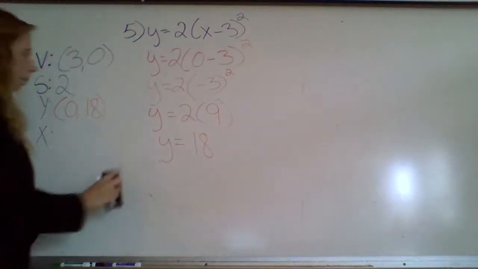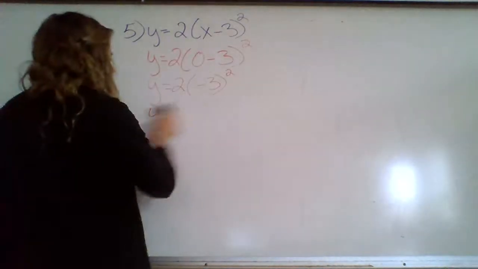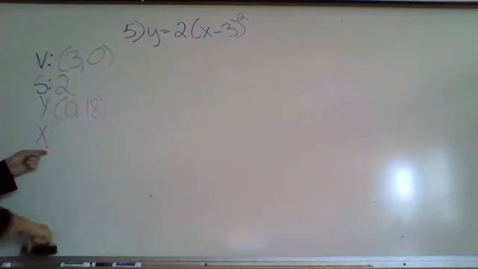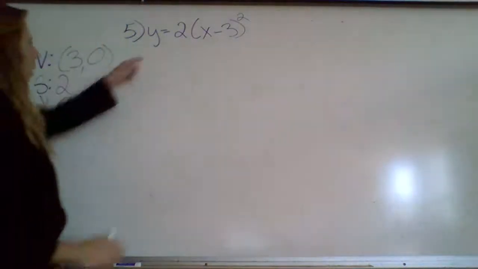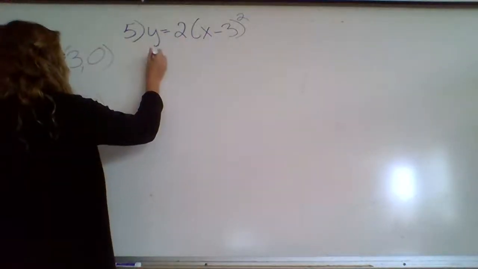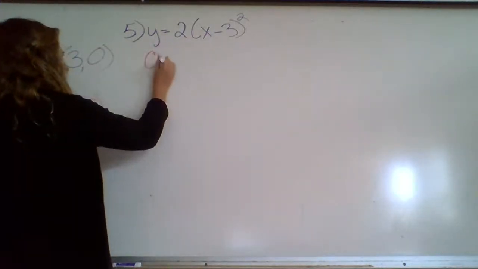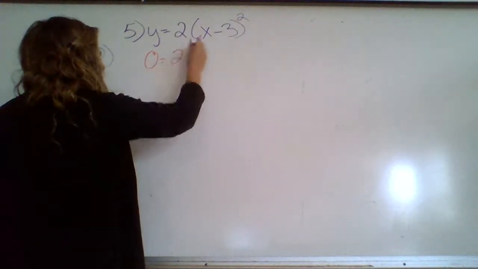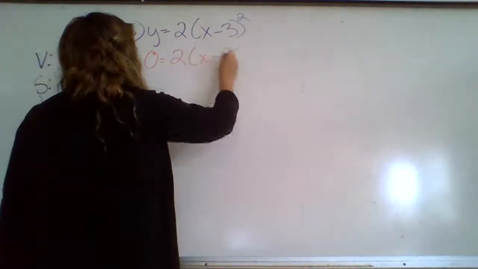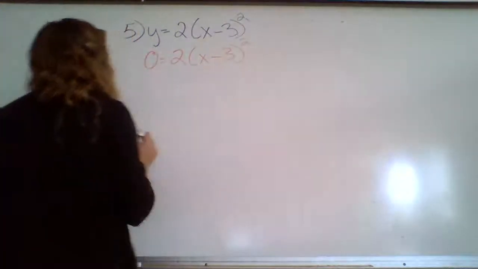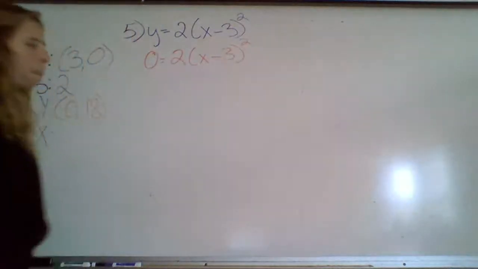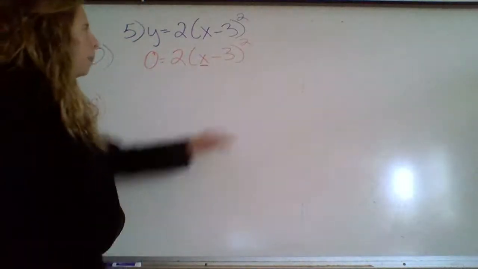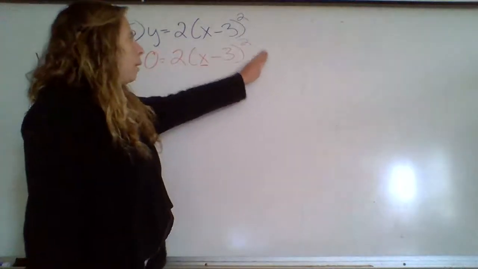All right. X-intercept. So for your x-intercept, you substitute 0 in for y. So 0 equals, and then just rewrite this whole side, 2x minus 3 squared. Okay, we're solving for x. Usually our first step is to add or subtract whatever's over here.